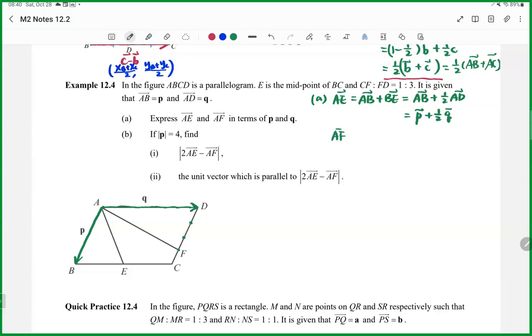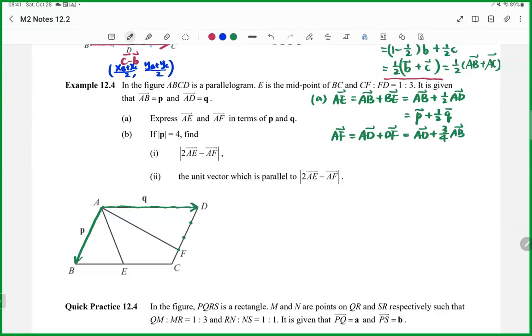AF. AF equals AD plus DF. And DF equals 1, 2, 3, 4. 3/4 of AB. 3/4, 1, 2, 3, 4.